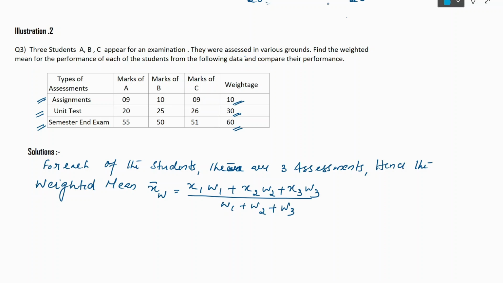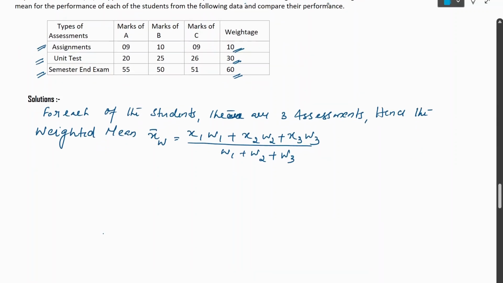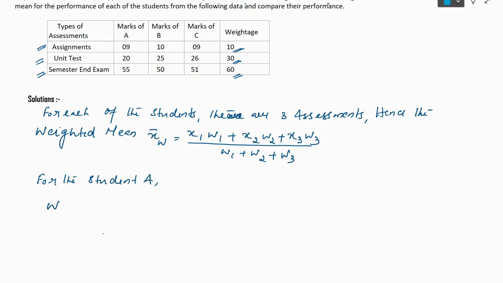Now, for each student, we need to calculate the mean. Therefore, first, for the student A, what do we need to calculate? Weighted mean of A, that is equal to, see here marks, that is 9. 9 into 10, that means here 9 into 10 plus 20. How am I calculating? See, this is your 9 and 10 weightage.